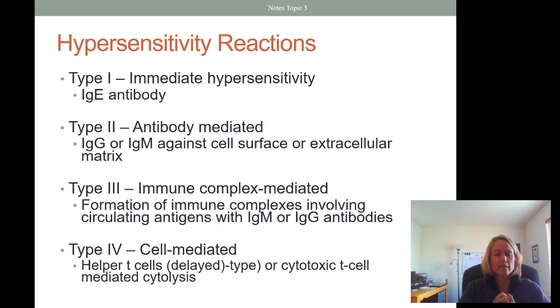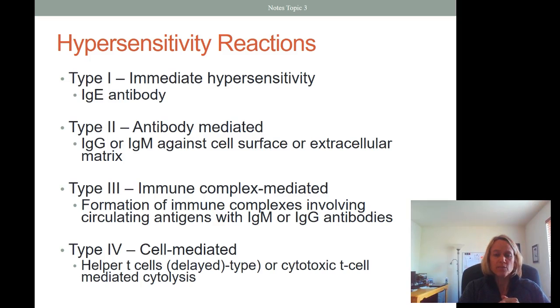Type 2 is antibody-mediated, and this is when we have IgG or IgM antibodies that are against cell surface or extracellular matrix. And this produces a response, and this can occur with allergies or alloimmunity or autoimmunity.